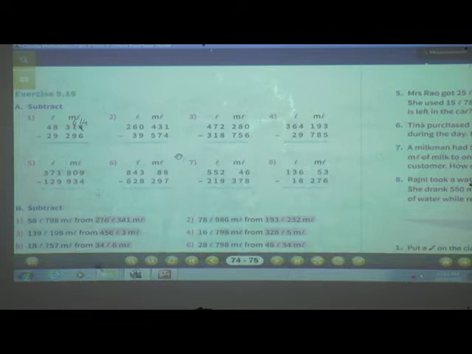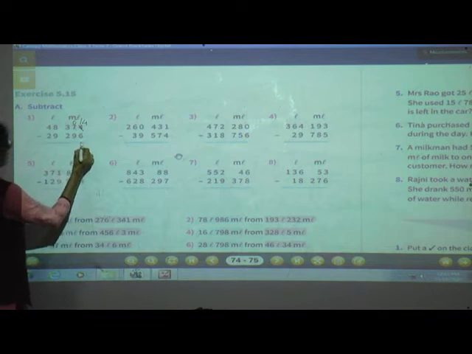After 6 you have to count your fingers till 14. 14 minus 6 is equal to 8. Correct. So we will write here 8.